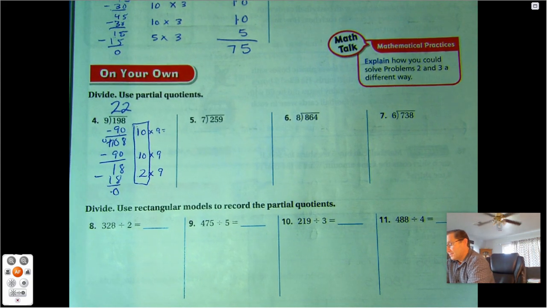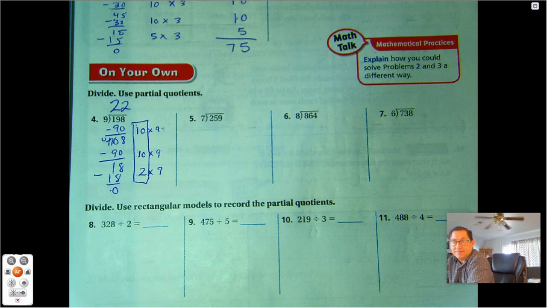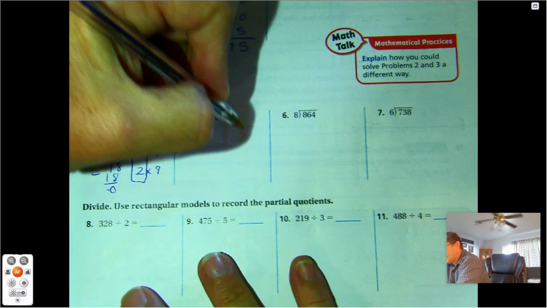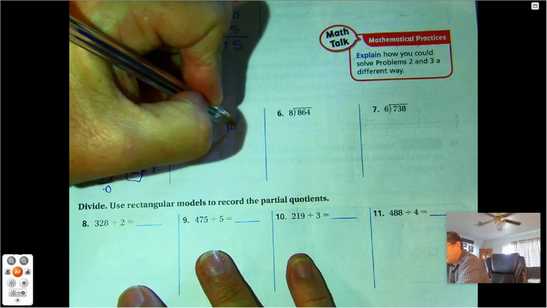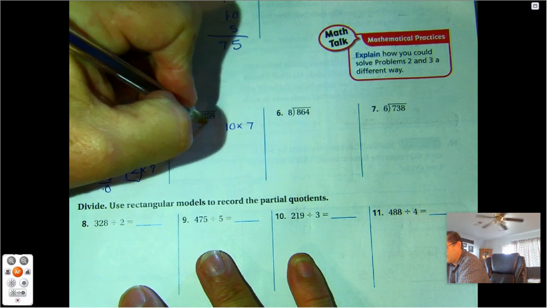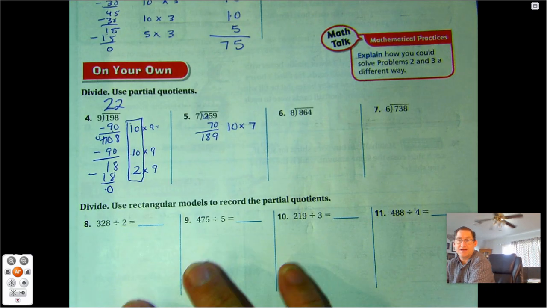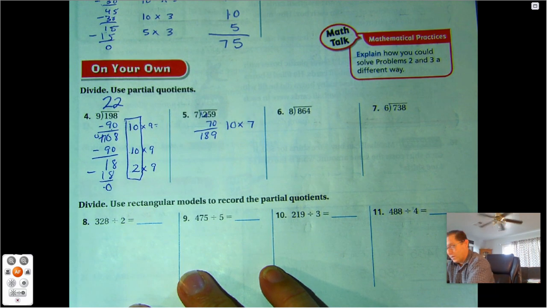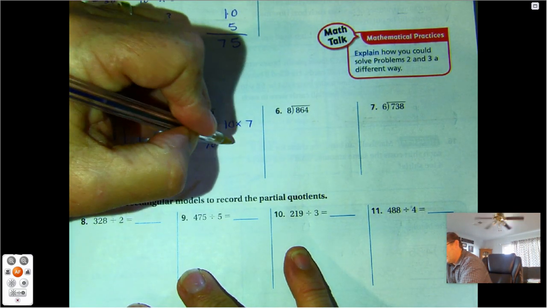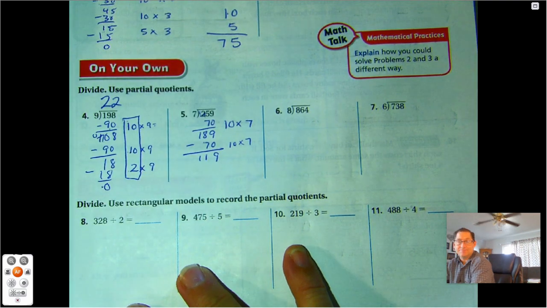259 divided by 7. Well, I know I can take 10 sets of 7 for sure. So I'm going to start there. And that leaves me 189. Well, I know I can take away another set of 10 sevens. And that leaves me 119. That's also more than 70.